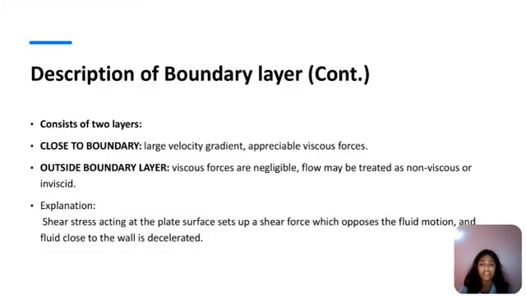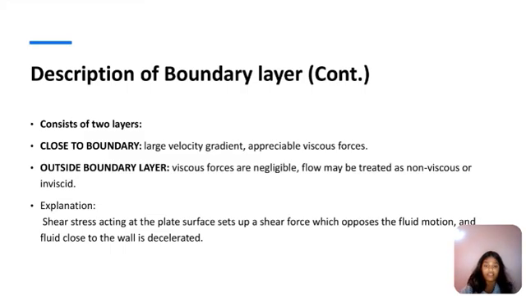Now, we'll study the description of the boundary layer. It consists of two regions: close to the boundary, and outside the boundary layer. Close to the boundary, there is a large velocity gradient. Outside the boundary layer, viscous forces are considered negligible, and the flow may be treated as non-viscous or inviscid.